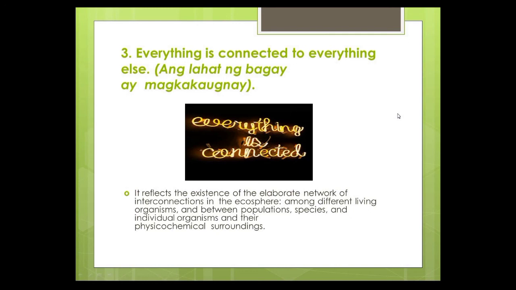Yung mga basura na tinatapon natin, nagdudulot yan ng land pollution at water pollution. Dahil dyan, madaming mga aquatic animals ang namamatay. Sa lupa naman, yung mga bulating nagpapataba ng lupa ay namamatay din dahil sa mga plastic na hindi nabubulok.